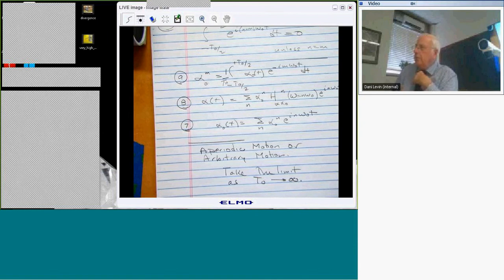And we'll use that to compute things like the mean square fluctuations of a random motion. Basically, if you have the power spectrum of alpha naught and you multiply by the square of the transfer function, you get the power spectrum of the output, and the integral of the power spectrum over all frequencies will be the mean square. And we use that in a variety of contexts, including gust response, because gusts tend to be random-like objects.